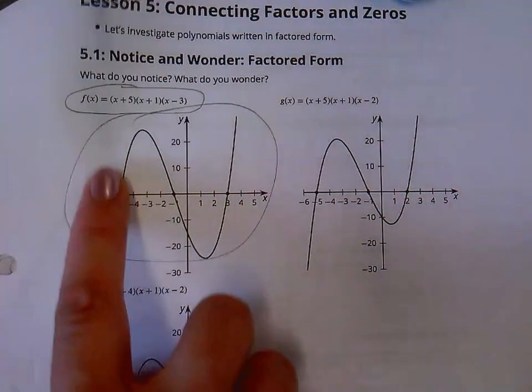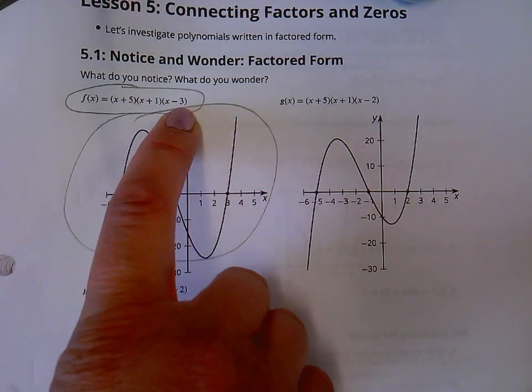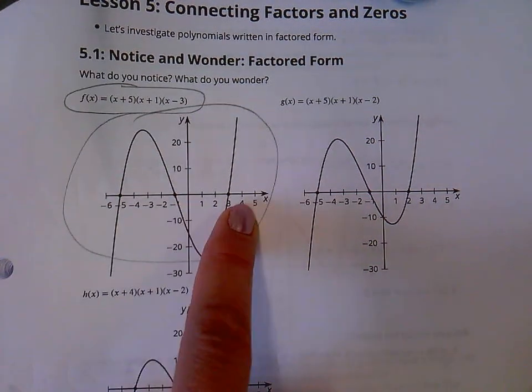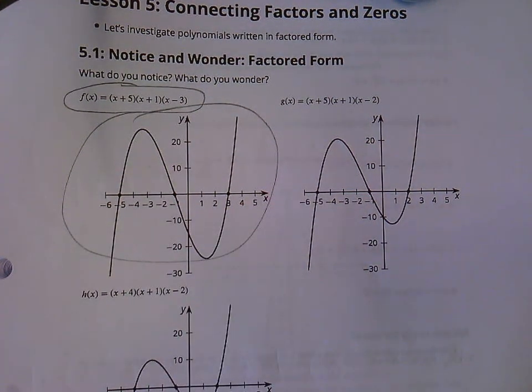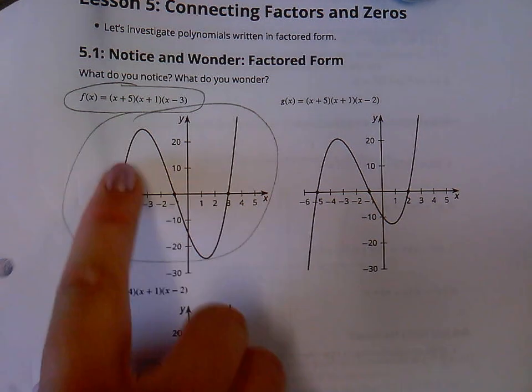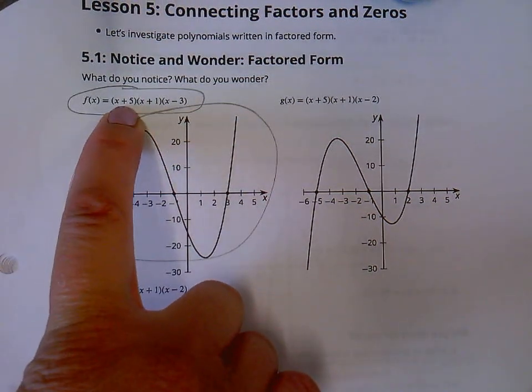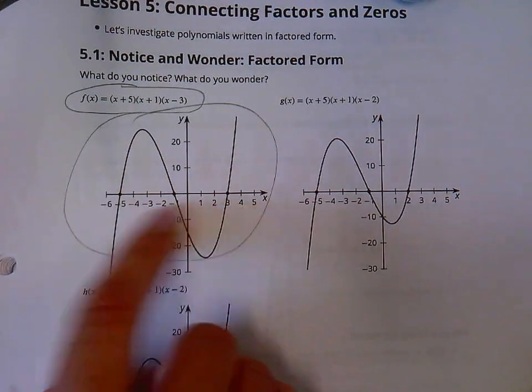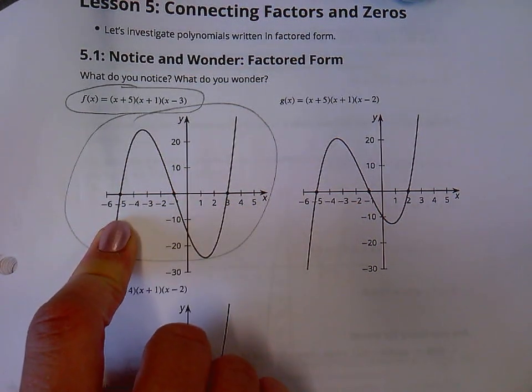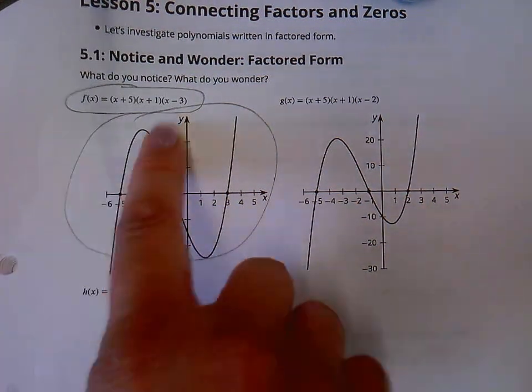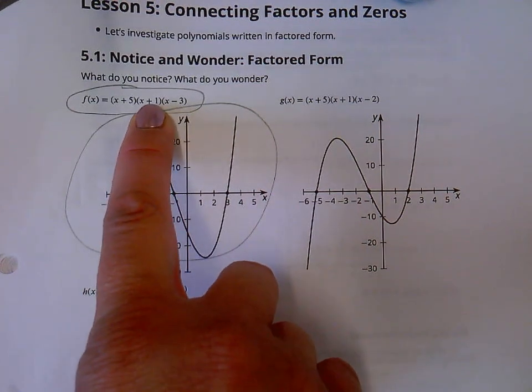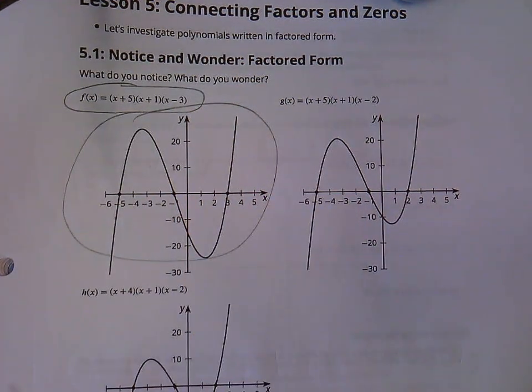Each of the points in the parentheses are one of the points on the x-axis. They are directly linked, but what value for x plus 5 shows up on the x-axis? -5. What point for x plus 1 shows up on the x-axis? -1. So how can we rephrase what Orion said?